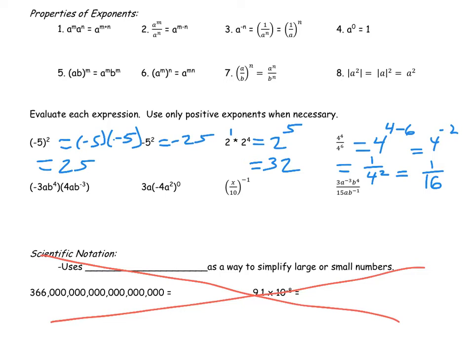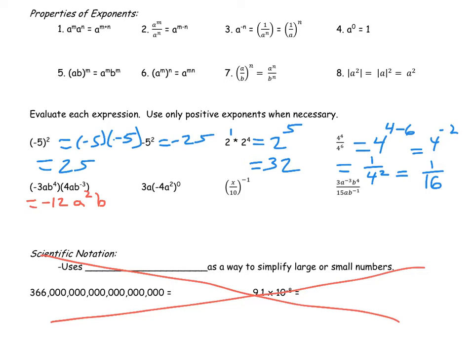To simplify these, I'll start with the constants. So this would be equal to -12. And then both A's are to the first power, so I'd add those. 1 plus 1 is 2. And then B, again, I would add those because they're being multiplied.